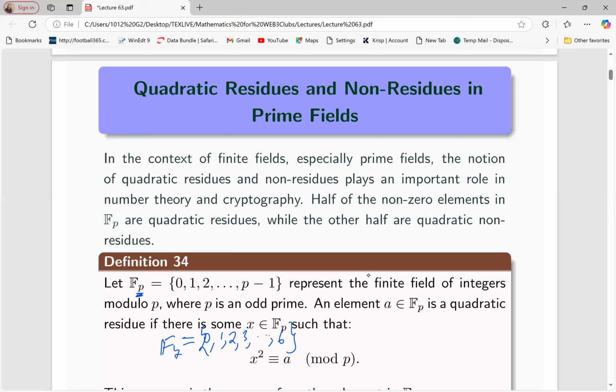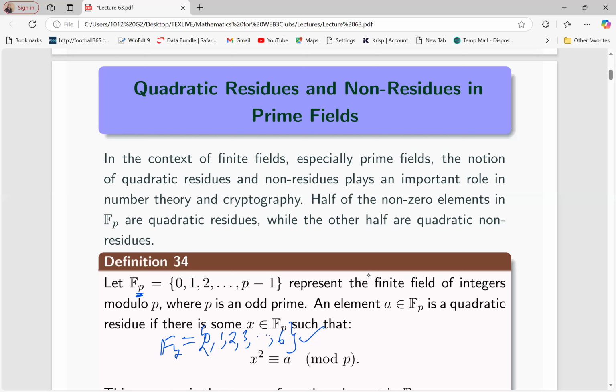This is the field mod 7. So which numbers have square roots? What we note is that between 0 and 6, half of these numbers will have square roots, and half of these numbers will lack square roots. Those that lack square roots, we call quadratic non-residues.